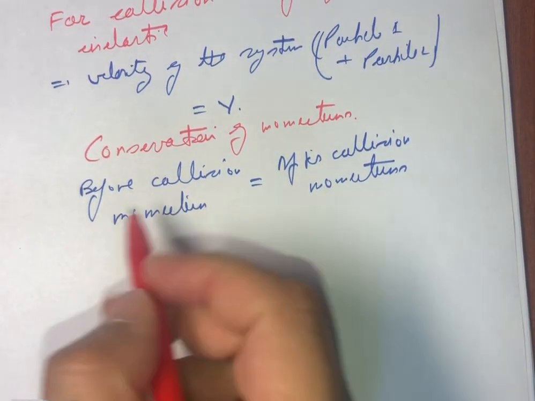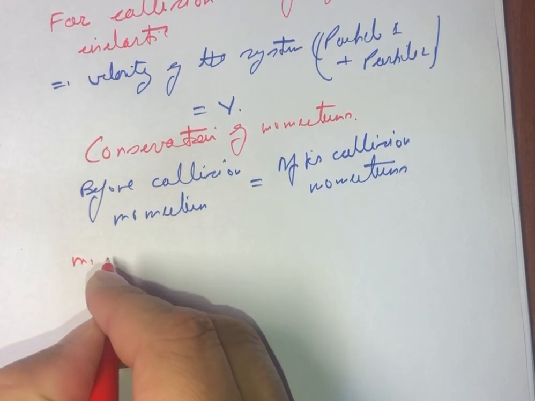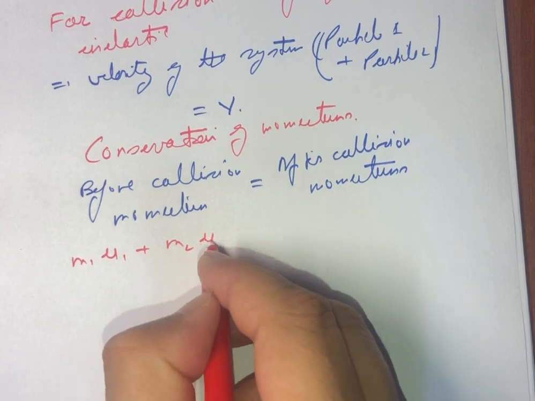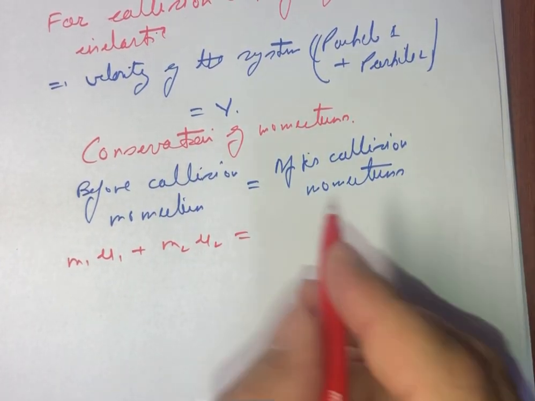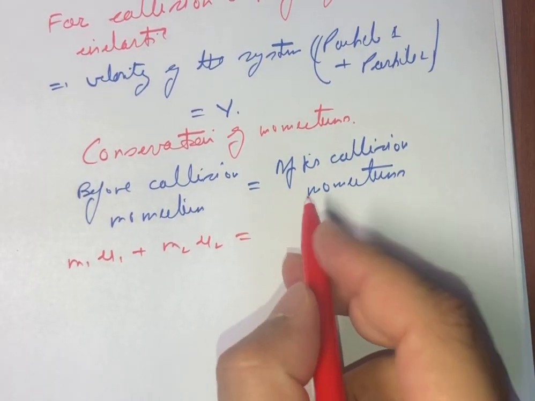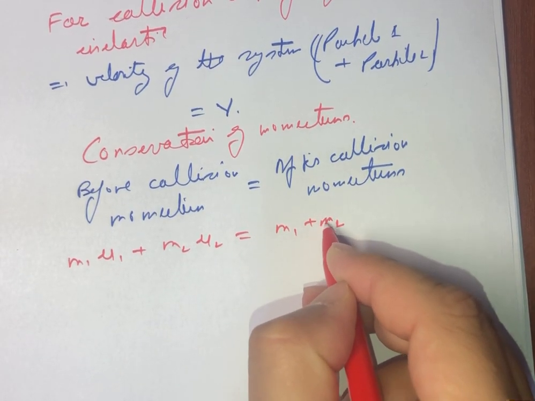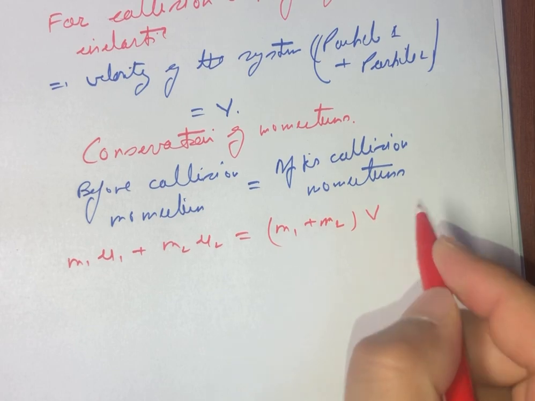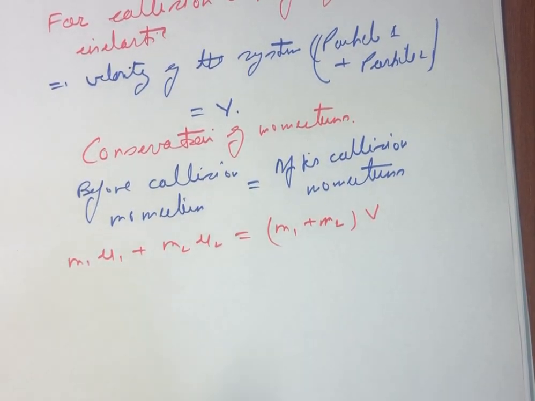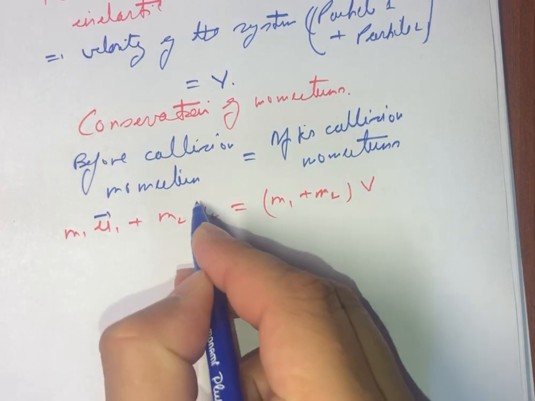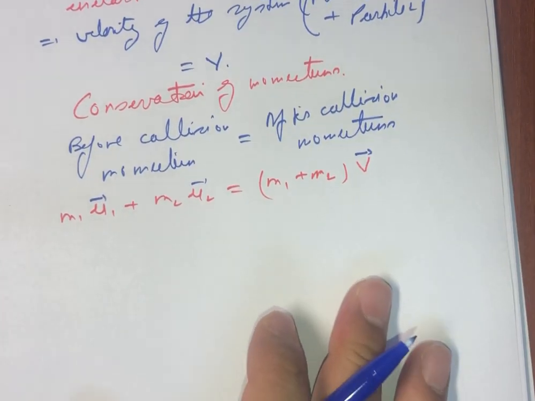So before collision momentum will be equal to m1 u1 for particle 1, m2 u2 for particle 2, and after collision both will be moving together. It means particle 1 plus particle 2, and common velocity is given as V. Forgot to mark as vectors.